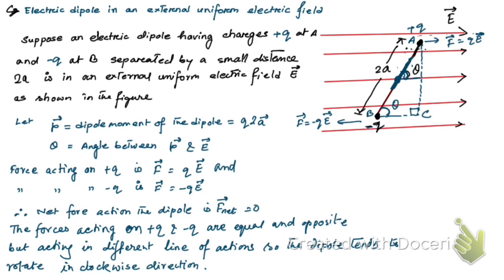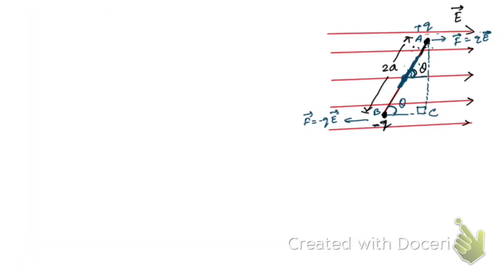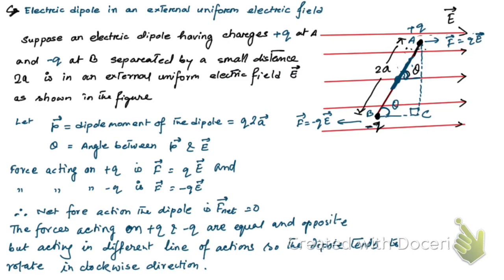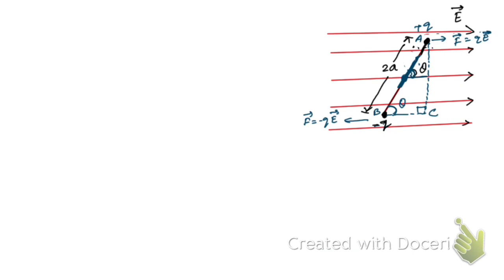Right? So now let me copy this figure and go to another slide. Let me take a new slide. Just here you see, let me go back to the previous slide and take a screenshot of this. So what will be the torque on this dipole? Suppose this is the dipole and both the positive charge and negative charge are experiencing equal and opposite force.